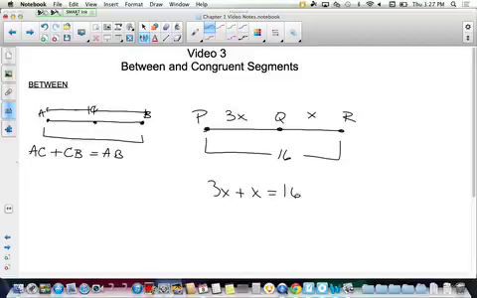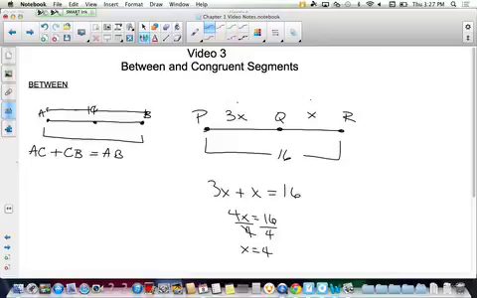This part plus this part equals this part. Then we just solve the equation, combine our like terms. We get 4x equals 16. Divide both sides by 4, and we get that x equals 4. So that's how we're going to use the betweenness to help us solve problems.